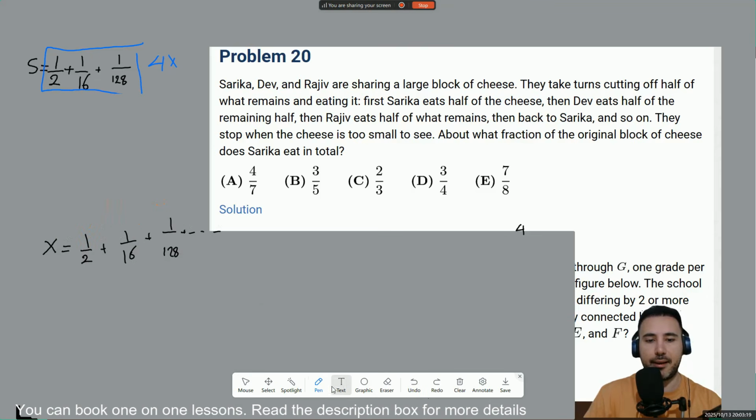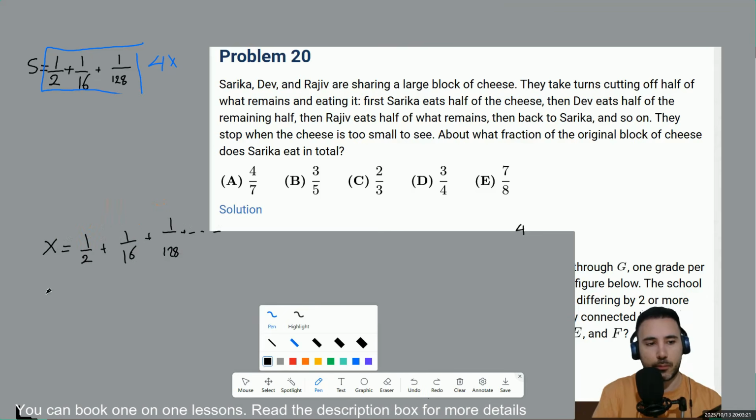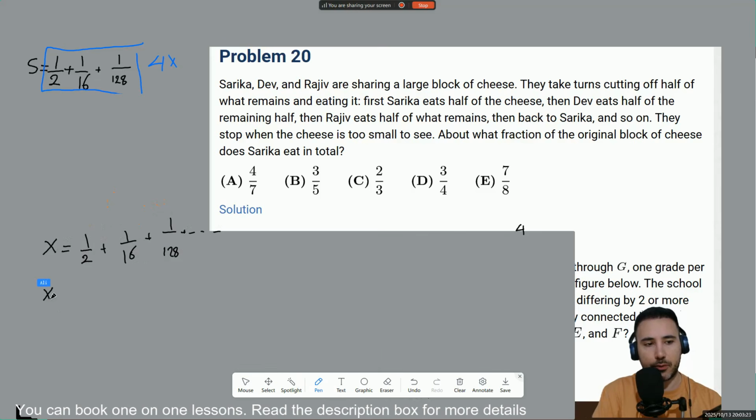So we're going to have X over 8 is 1 over 2 multiplied by 1 over 8, which is 1 over 16. 1 over 16 times 1 over 8 is going to be 1 over 128. And this is good enough.